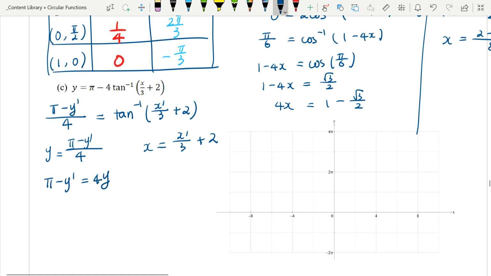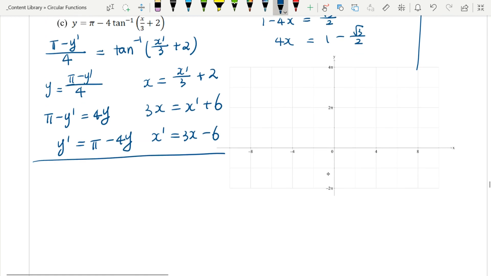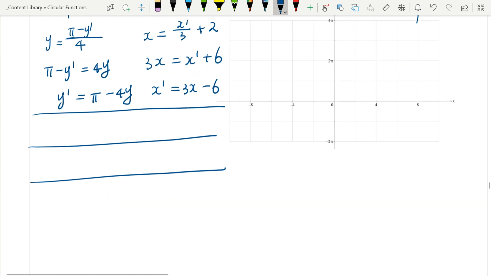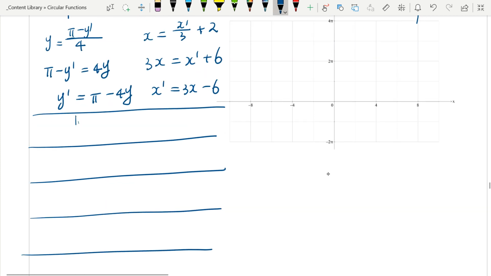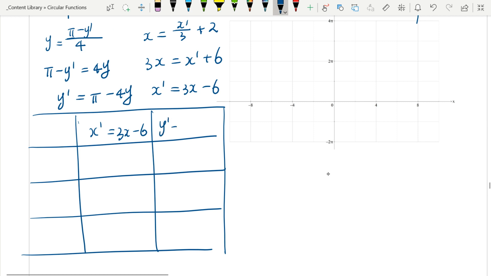Still doing the same thing here. y dash equals pi minus 4y, and times 3 is 3x equals x dash plus 6, so x dash equals 3x minus 6. x dash equals 3x minus 6, y dash equals pi minus 4y.